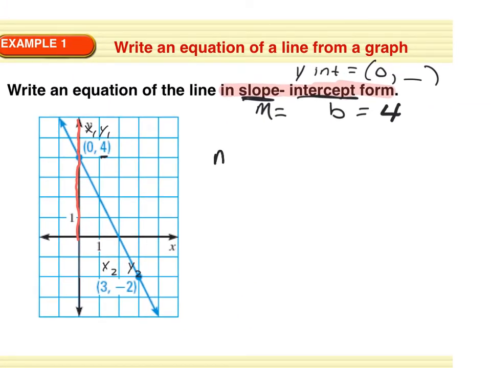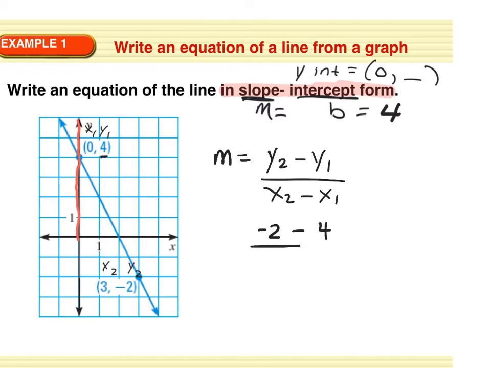Now, what is my equation again for slope? Okay, so we've got y2, which is negative 2, minus y1, which is 4, over x2, which is 3, minus x1, which is 0.